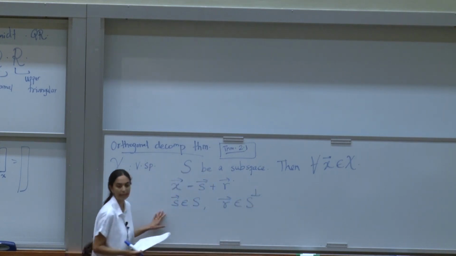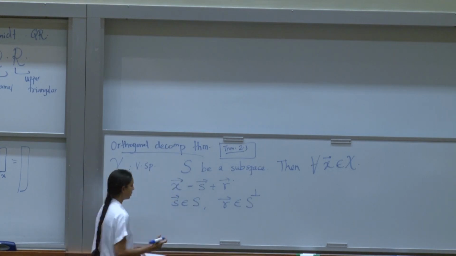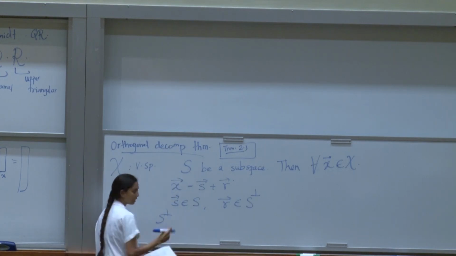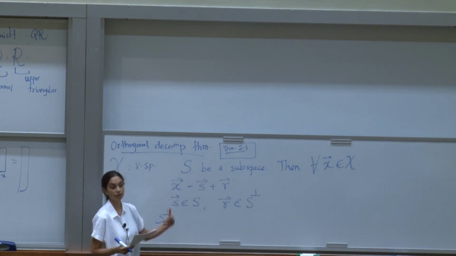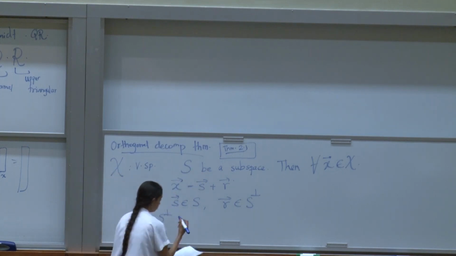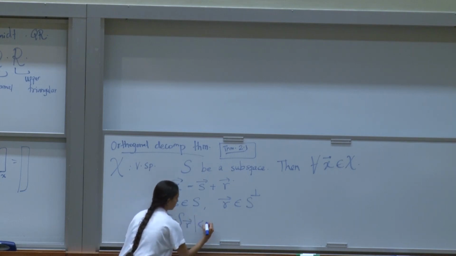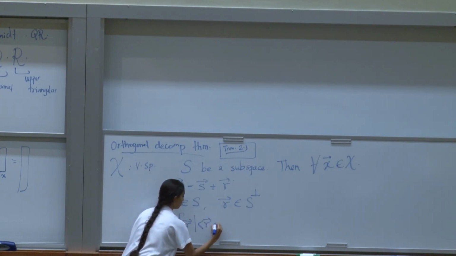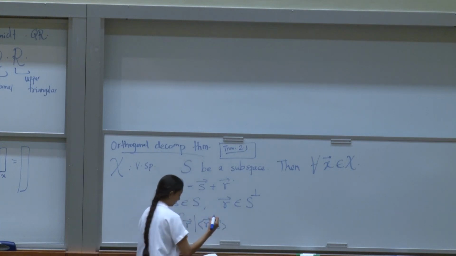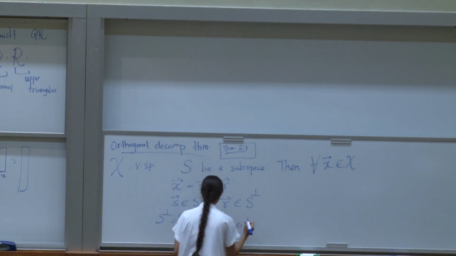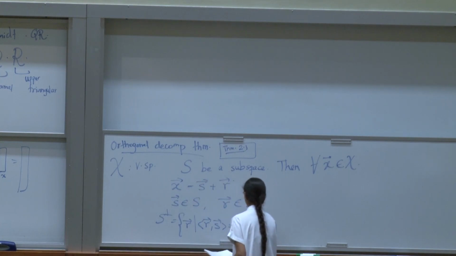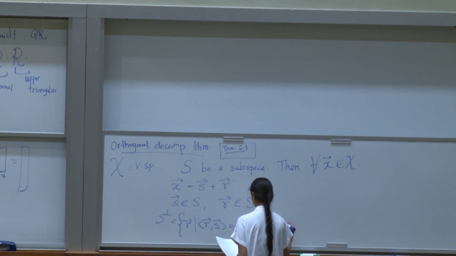And what do I mean by S perp or S orthogonal? S orthogonal is the set of all vectors that are orthogonal to the vectors in S. So this is basically the set of all vectors r such that r inner product s is equal to 0 for every s belonging to S.